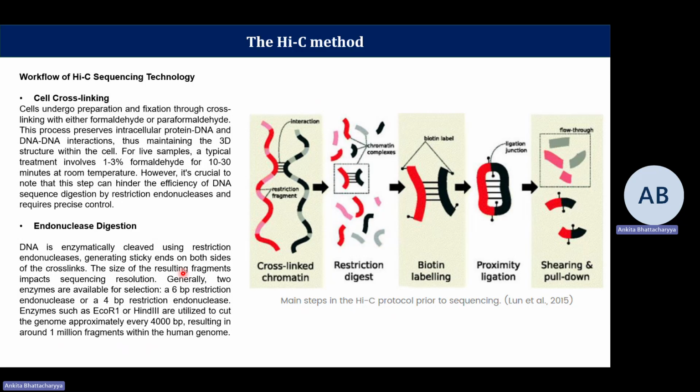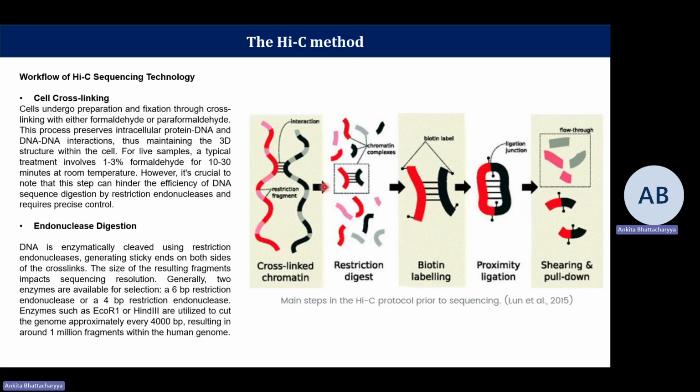Four base pair restriction enzymes will work differently, and as a result, you do not expect to see any overlap. Enzymes like EcoRI and HindIII are used to cut the genome approximately at 4000 base pairs, resulting in approximately 1 million fragments within the human genome.